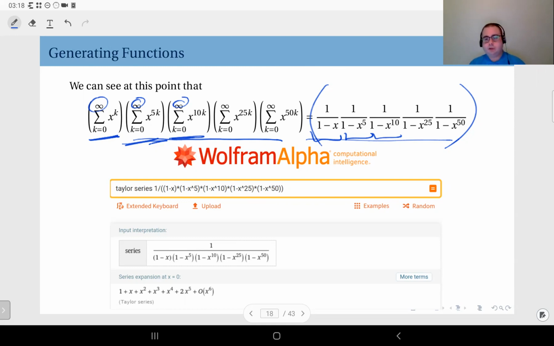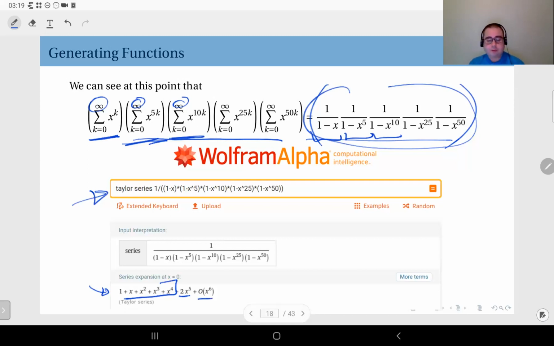The easiest way to do that is to obtain the Taylor series expansion for this. Now, this is the generating function, and if you input the Taylor series expansion for this function into Wolfram Alpha, it gives you the first couple terms here, 1 plus x squared, etc. You see, the first 5 coefficients are 1s, and then it moves on to 2, but I don't see the other terms because it just gives me a big O x to the power 6.